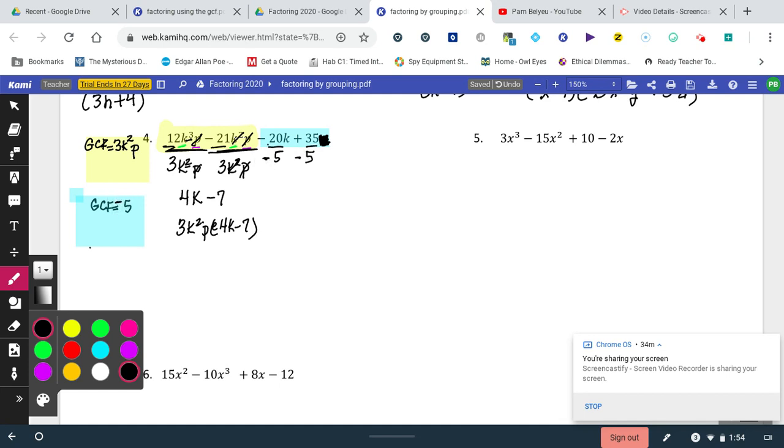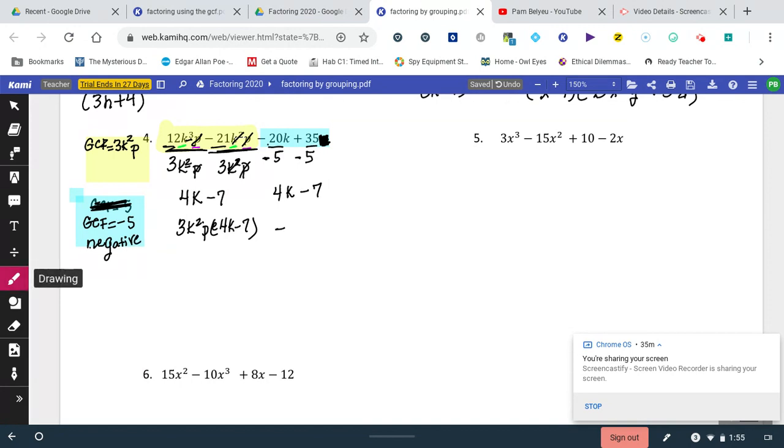So I'm going to make that a negative 5. So now I have negative 20 divided by negative 5, which is a positive 4, and then bring down your k. And then 35 divided by negative 5, which is negative 7. So now this is negative, so I carry it over. You write negative 5 and then 4k, your remainder, 4k minus 7.